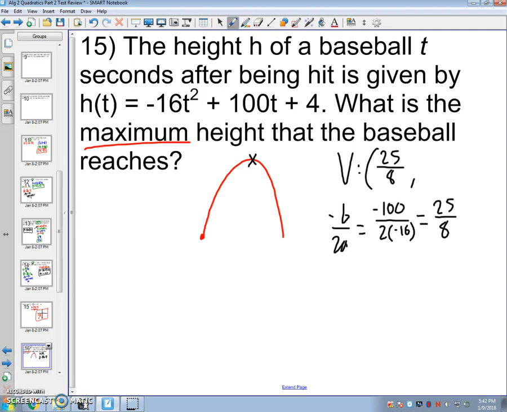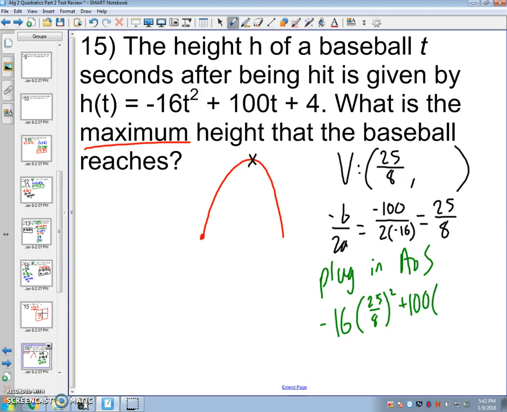To find the y, you got to plug that in. Plug in your AOS. So -16, parentheses, 25 over 8, squared, plus 100 times 25 over 8, plus 4.